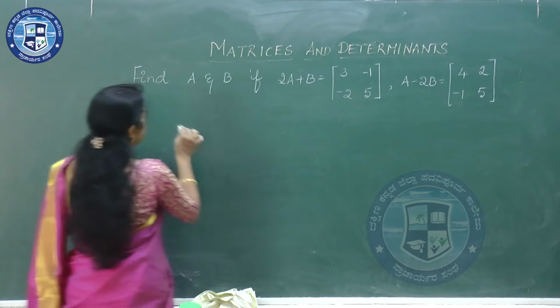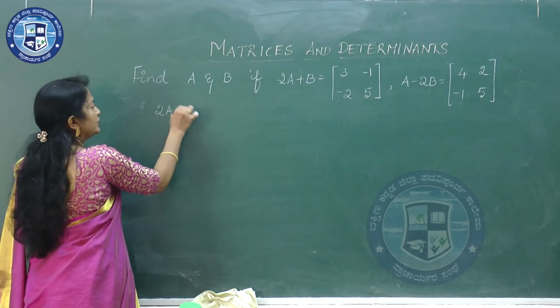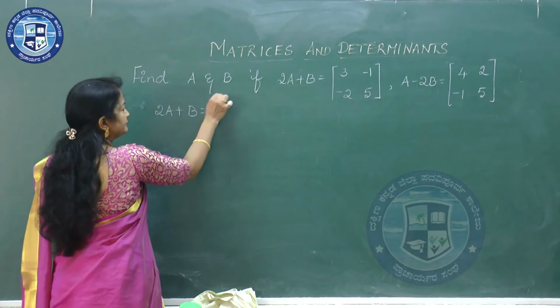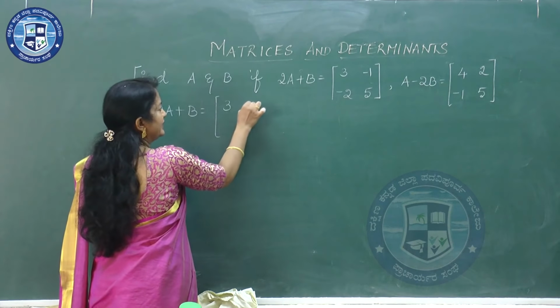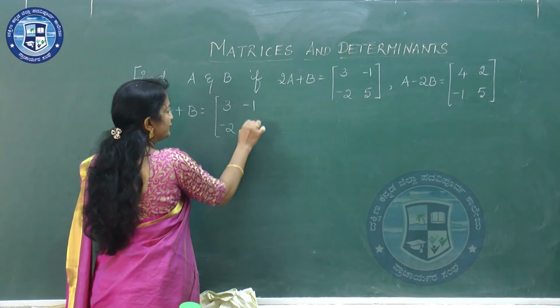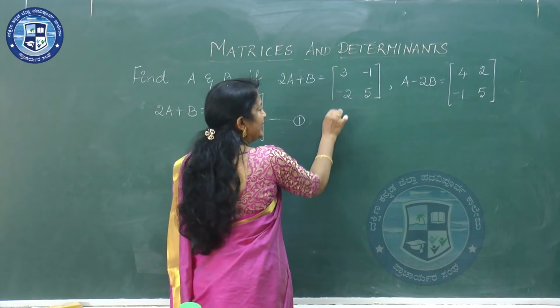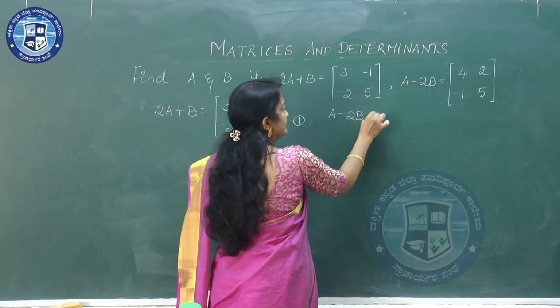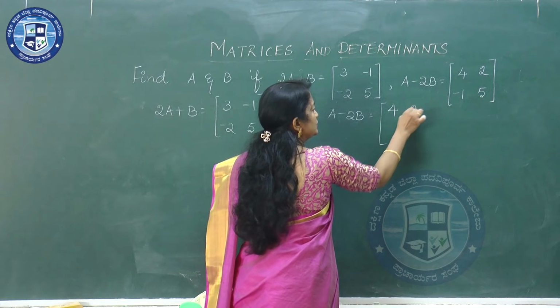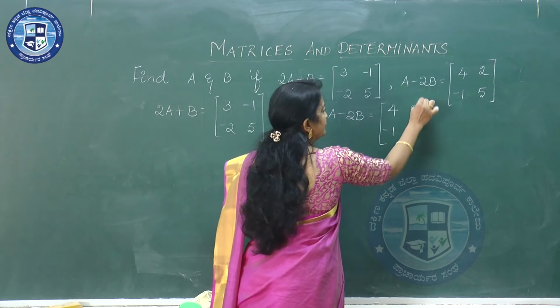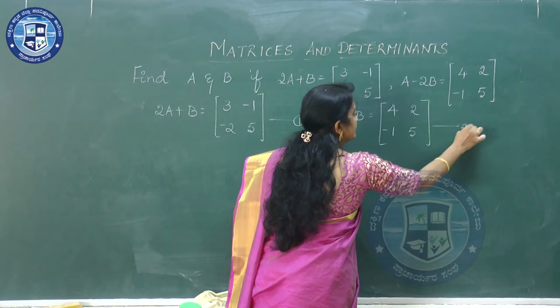Before that I will write the question. 2A plus B is the matrix 3, minus 1, minus 2, 5. Give it equation number 1. A minus 2B is equal to the matrix 4, 2, minus 1, 5. Give it equation number 2.